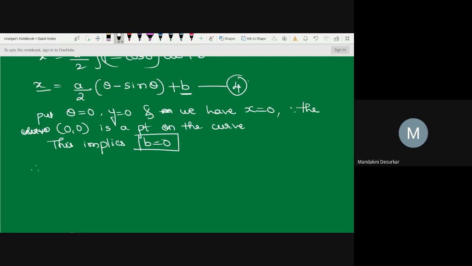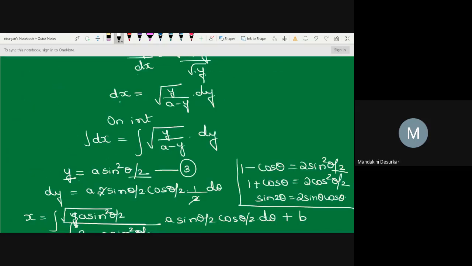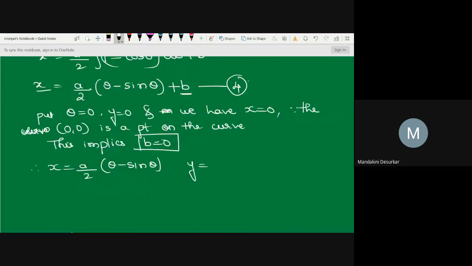Therefore, what do we get? x is equal to a by 2 theta minus sine theta. And what about y? y is a sine square theta by 2. This can be written as what? a, 1 minus cos theta divided by 2.